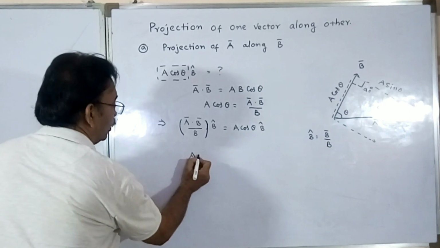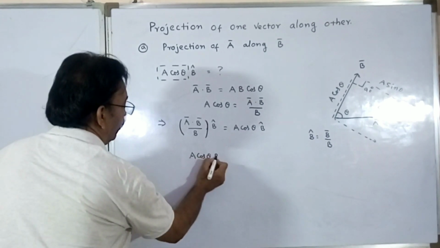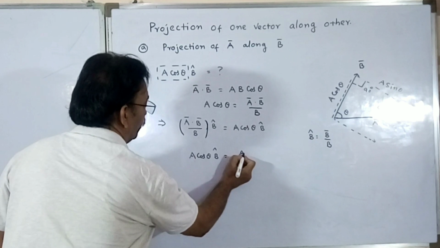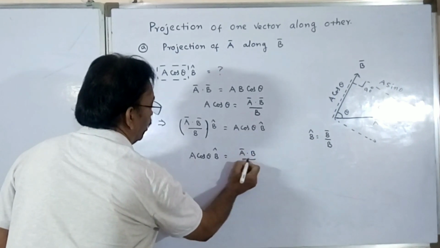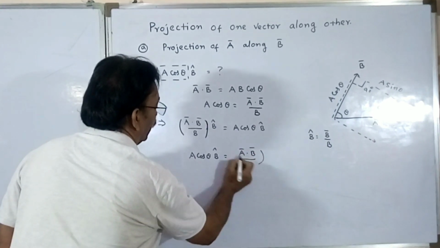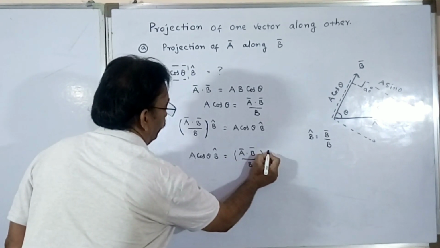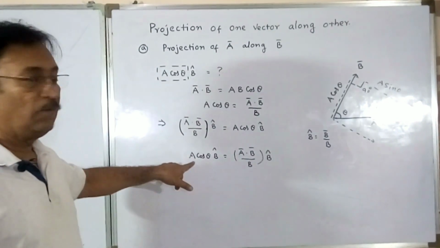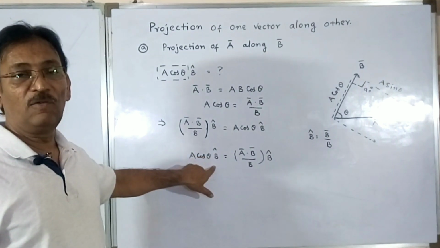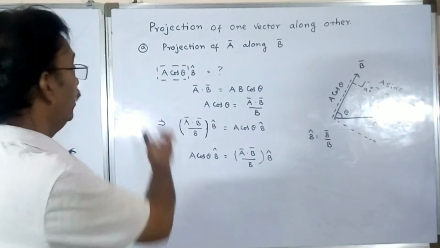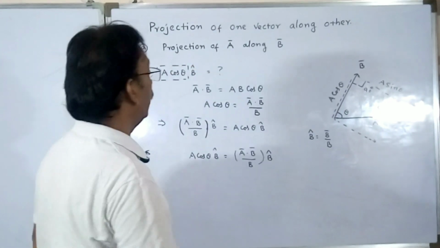Here we need a cos theta b cap, which is equal to a bar dot b bar by b into b cap, the projection of vector A along the direction of b bar. Here we got the projection of a bar along b bar.